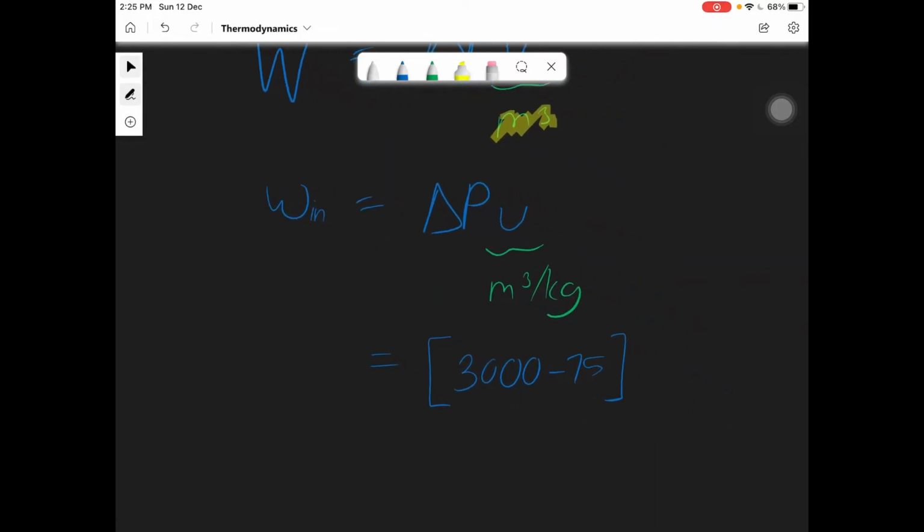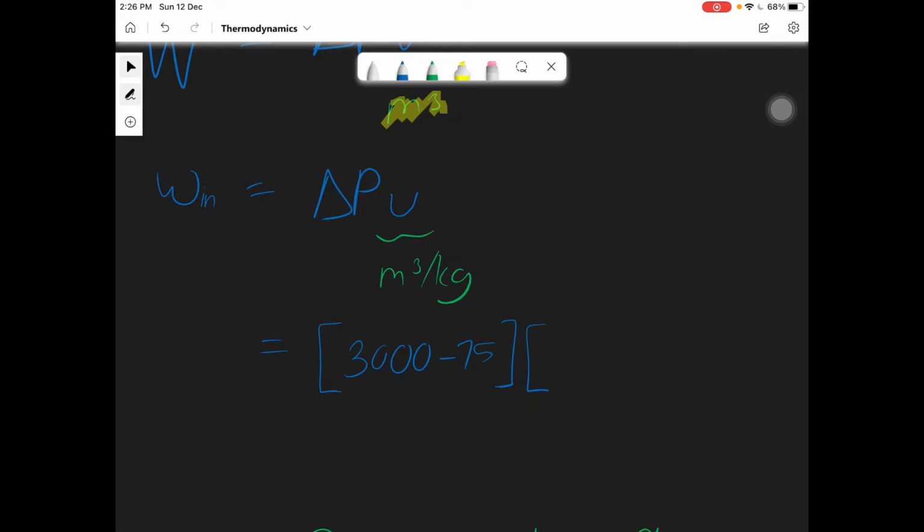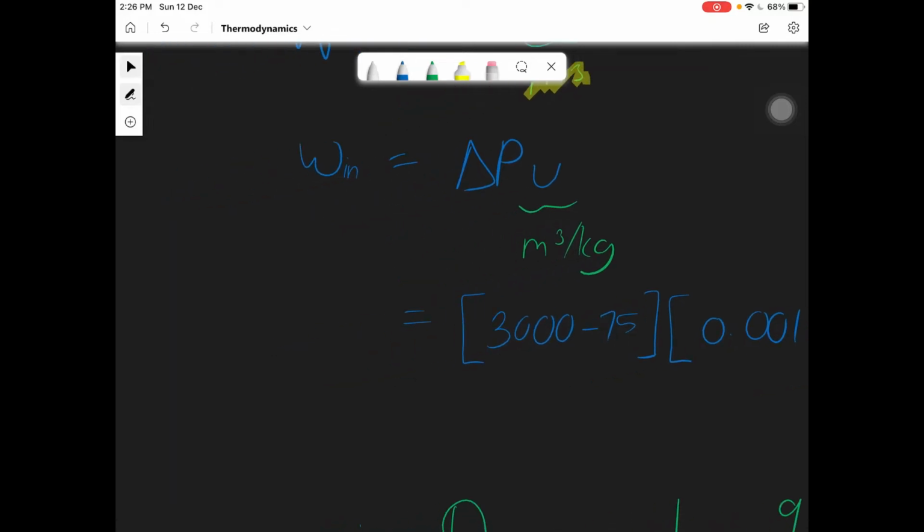Now we cannot make it into pascal, we have to keep it in kilopascal so that the units will not be mixed up. And then we multiply the specific volume that we just found from the table, 0.001037 meter cube per kilogram. Therefore, our final value of W in will be 3.033 kilojoule per kilogram. Now, interestingly enough, kilojoule per kilogram is also the unit of H, right?